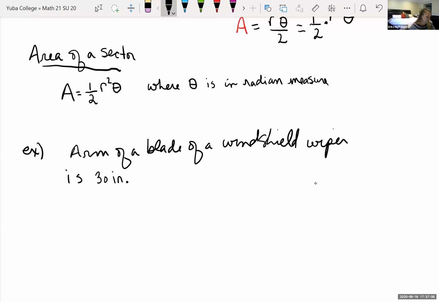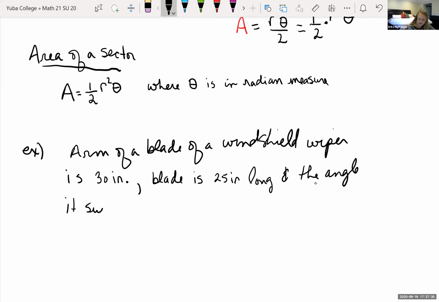Then it tells us the blade is just 25 inches long and the wiper sweeps out 125 degrees. So we're given that the blade itself is 25 inches long. And the angle it sweeps out is 125 degrees.